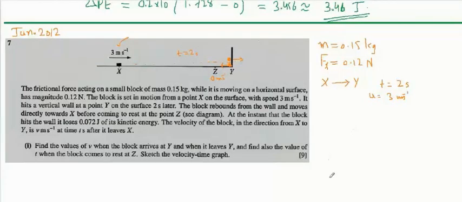So 2 stages of motion. One is from x to y and the second one is from y to z. From y to z we don't know the speed at y, but we know the speed at z, that the final speed is 0. The speed at y while hitting the wall and while leaving the wall is not the same, because in the next sentence they are saying that at the instant the block hits the wall, it loses this much kinetic energy.